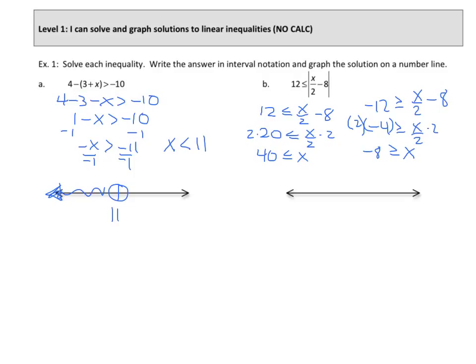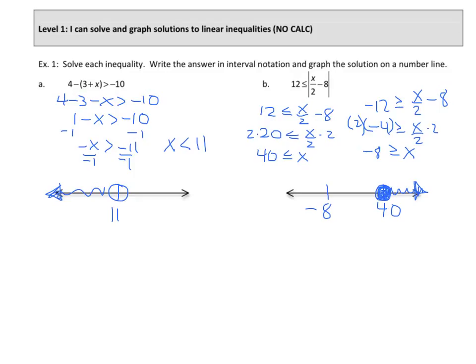Then I put this on the number line, and negative 8 is here, 40 is here, and x is greater than or equal to 40. So at 40, I do a closed dot because it has the line underneath, and then I shade to the right.